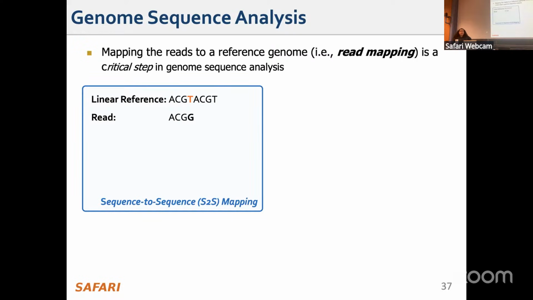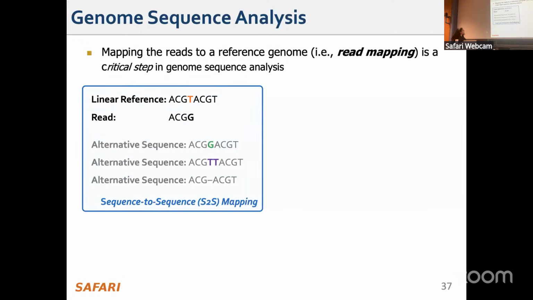But in reality, we might have genetic differences based on our race or geographic location. A person from Europe, Africa, or Asia might have some differences that are not related to a specific disease. So having a linear reference genome simplifies the problem too much.